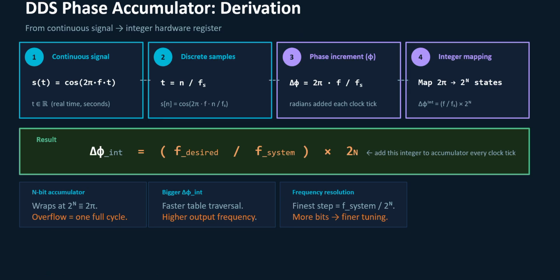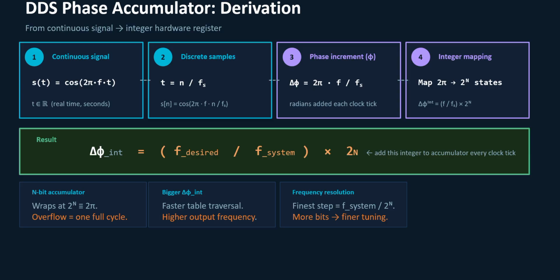Now let's talk more about the math behind the DDS, how the DDS generates continuous waveforms. In the analog world, a continuous waveform can be represented by cosine 2 pi times f times t. Here t is the sample time, like time 1, time 2, time 3, and that is related to the sampling frequency.